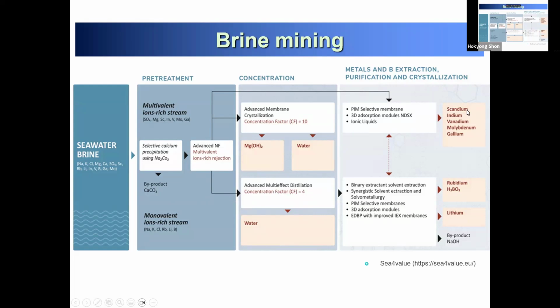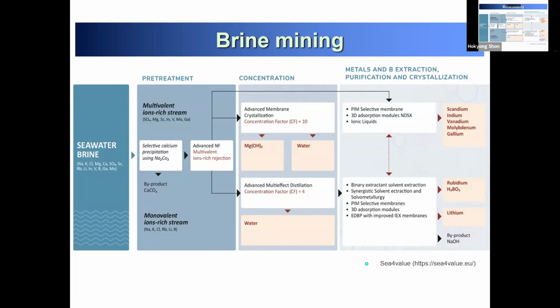The divalent ions include scandium, indium, vanadium, molybdenum, gallium, and the monovalent ones are rubidium, boron, lithium, and a byproduct of sodium hydroxide.